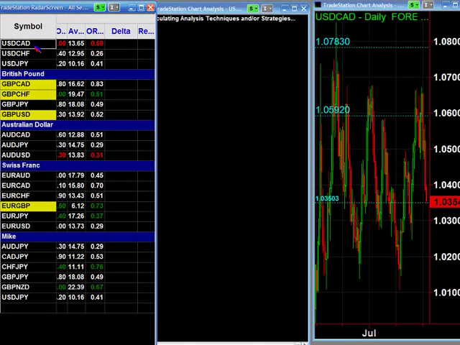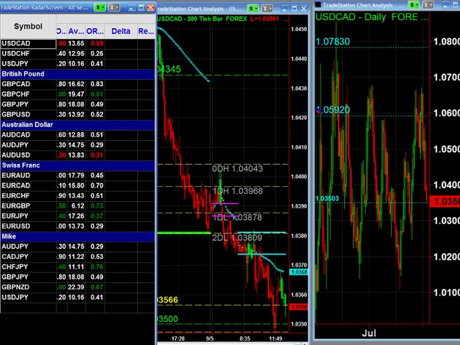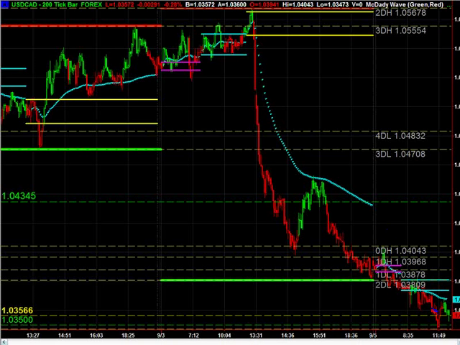If you look at the dollar CAD this morning, on the intraday, this is the London session, there wasn't really much of a move. The move is from 103.60 to 103.55.